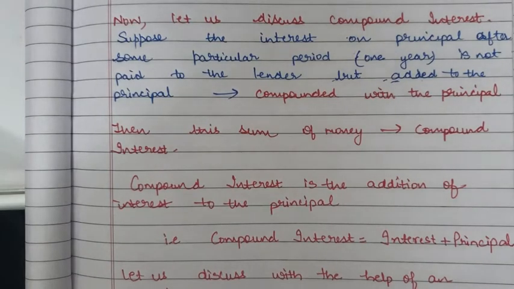But children, in the compound interest we cannot take 2 years at one time. What we do, we find the interest step by step. Let us discuss with the help of an example.